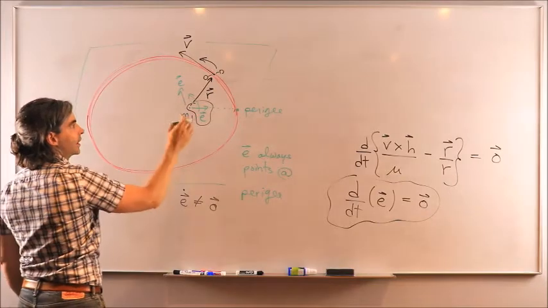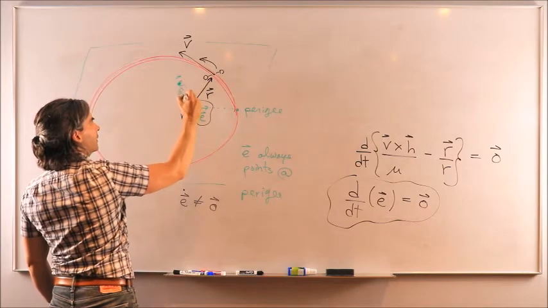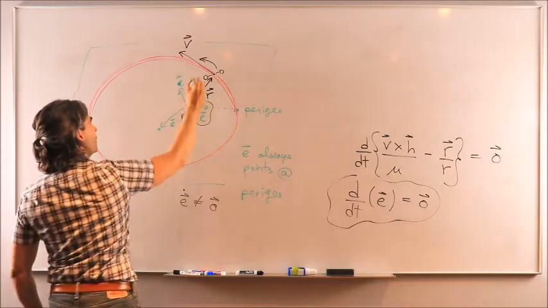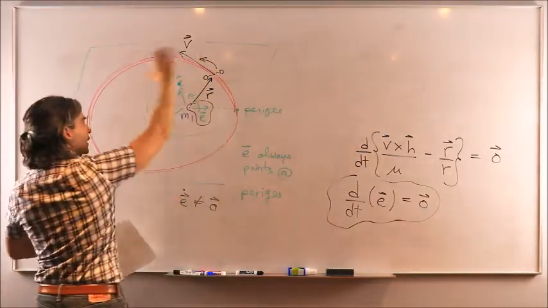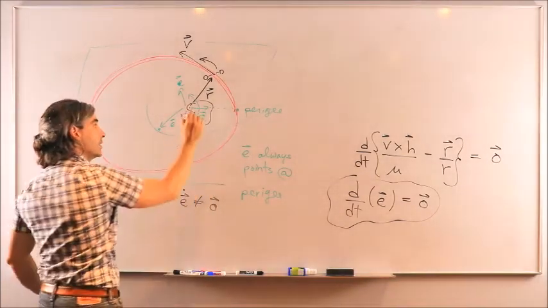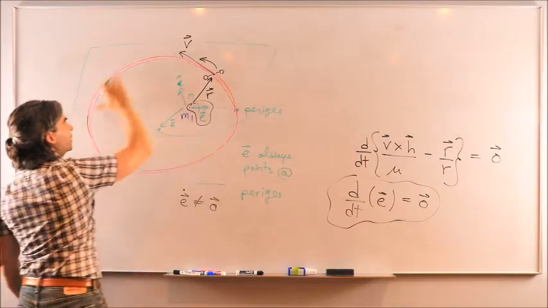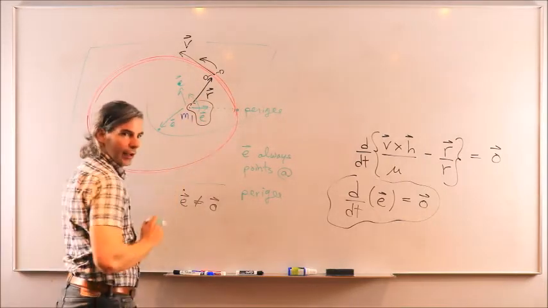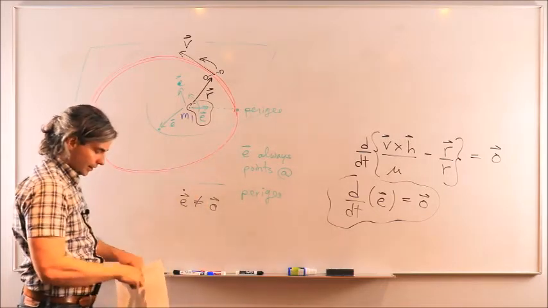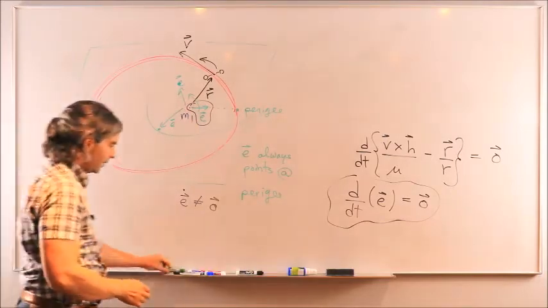But because this vector always points at the perigee, that would mean that the perigee later on would be here or all of a sudden there, which would mean that the entire orbit would be allowed to rotate in this orbital plane, which is the whiteboard. Okay? But now because this vector is fixed inertially, that just sets the orbit to also be inertially fixed in the plane.